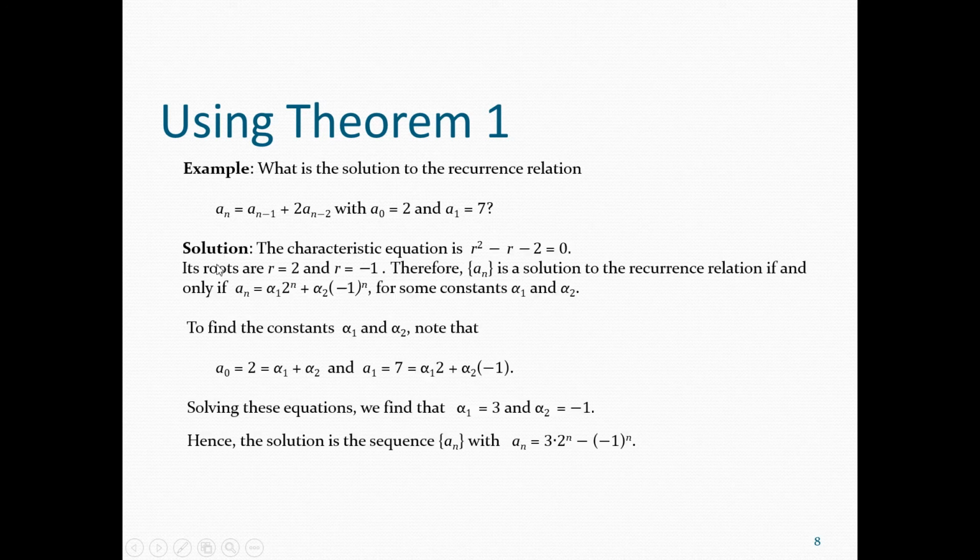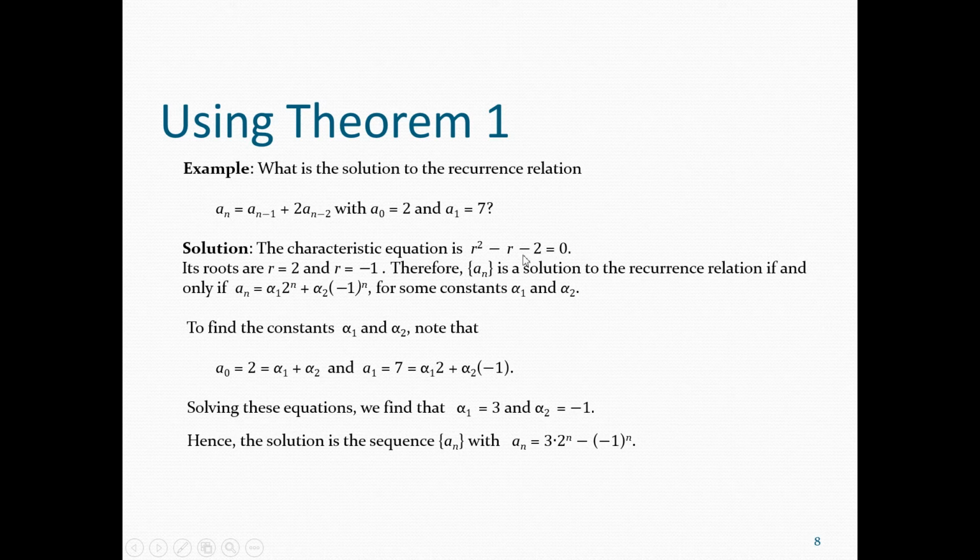So let's solve this. First of all, we need the characteristic equation associated with this relation, which is r² − C1 r − C2 = 0. C1 here is 1, so minus r, and C2 is 2, so minus 2, equal to 0.